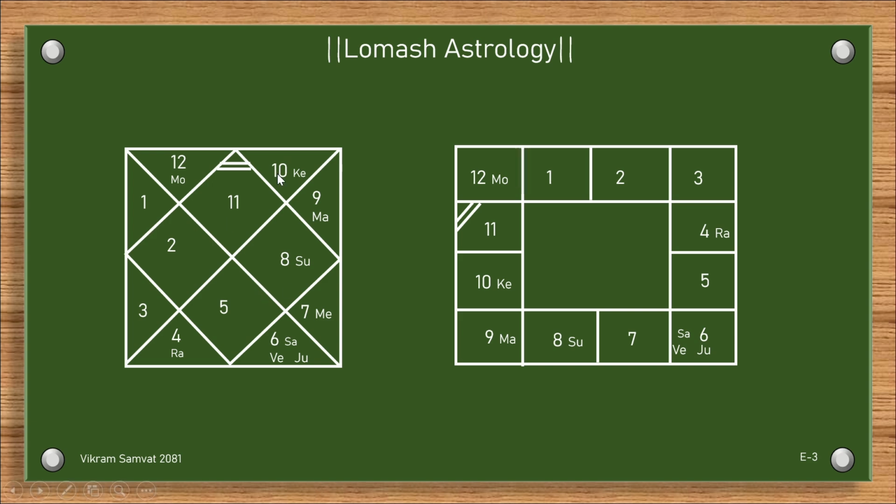So just take an example: when this person was born, Aquarius ascendant was rising, and at the time of his birth the Moon was in Pisces, Ketu was in Capricorn, Rahu was in Cancer, and Saturn, Venus, and Jupiter were in Virgo, Mercury was in Libra, the Sun was in Scorpio, and Mars was in Sagittarius.